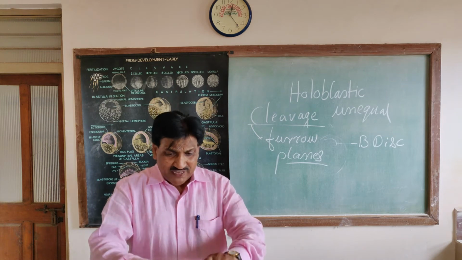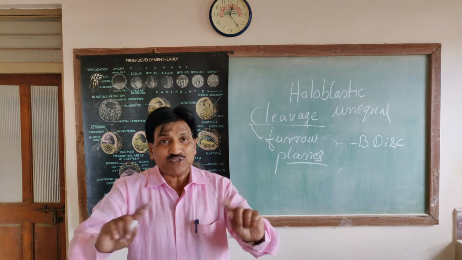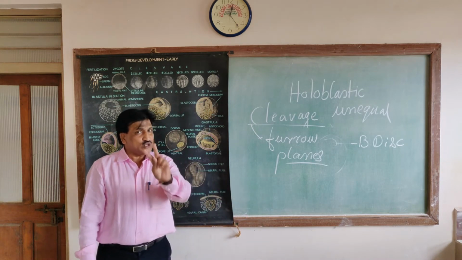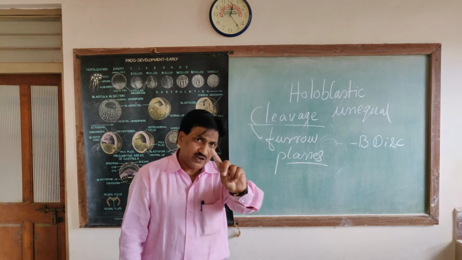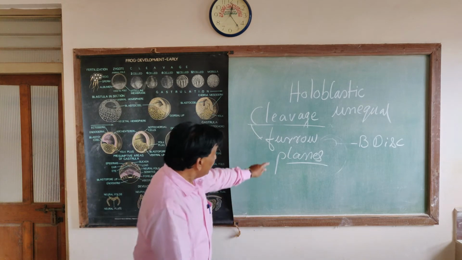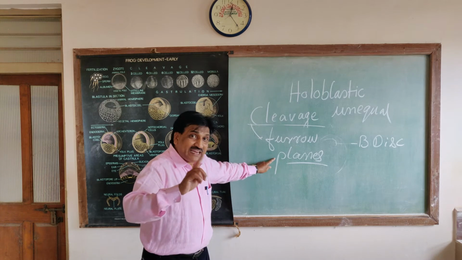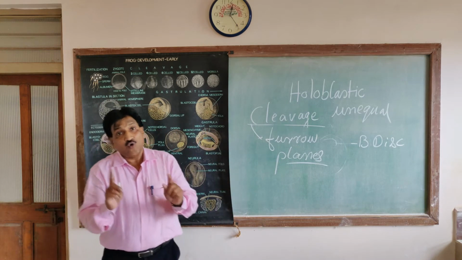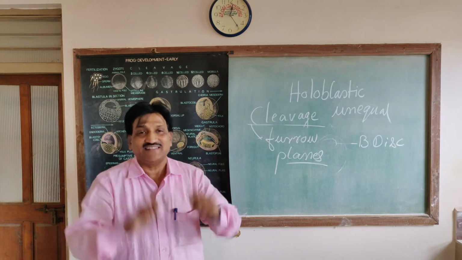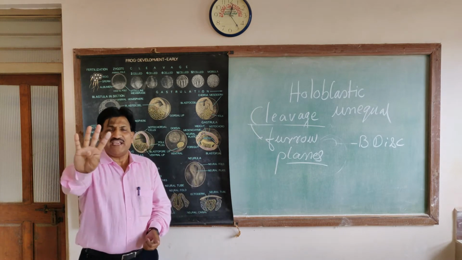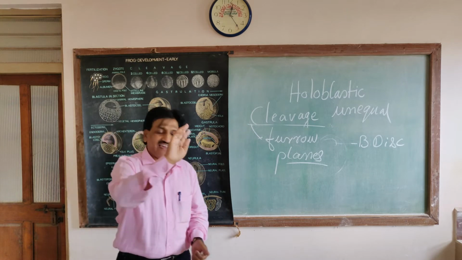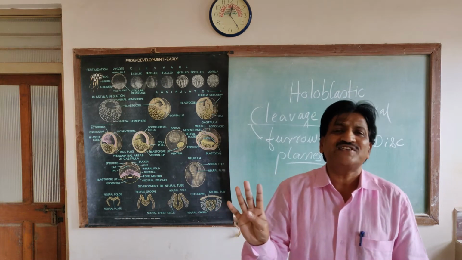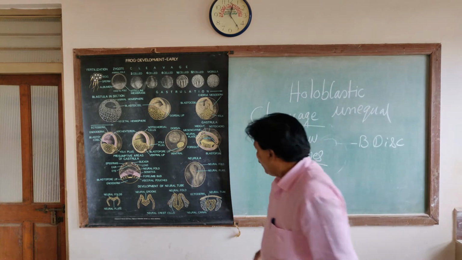So there is a confusion regarding the types of cleavage. The types of cleavage are two: one is holoblastic and the other meroblastic. Now here, how many cleavage planes are there? There are 4 planes or angles. What are those?